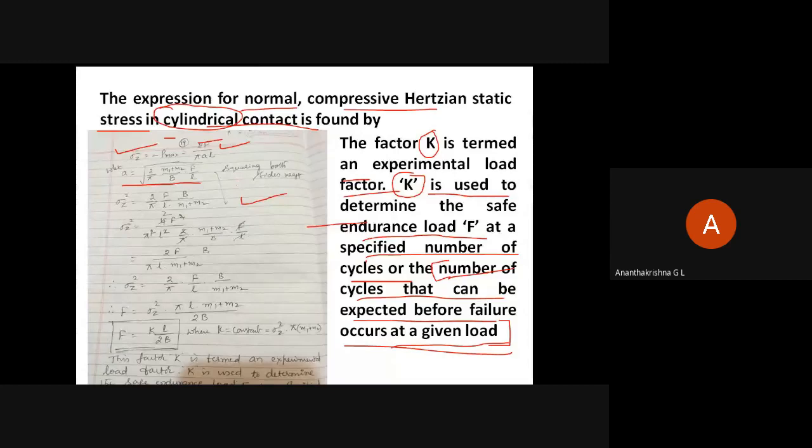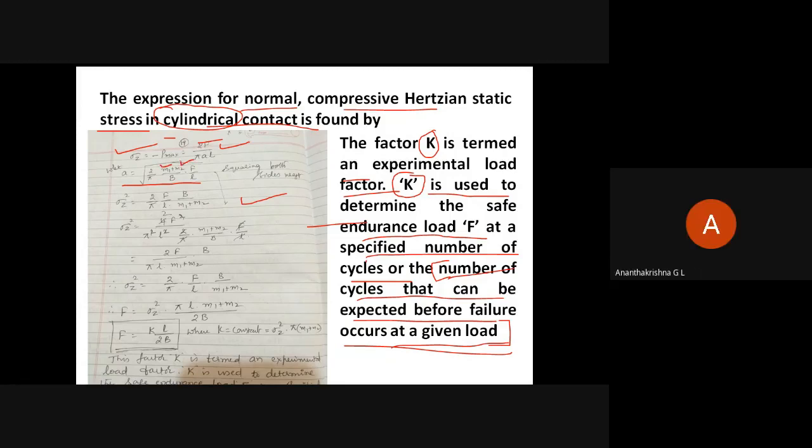In the very beginning, when we learned about it, M1 is 1 minus nu1 square by E1, and M2 is 1 minus nu2 square by E2. What are M1 and M2 called? Material constants. Excellent.